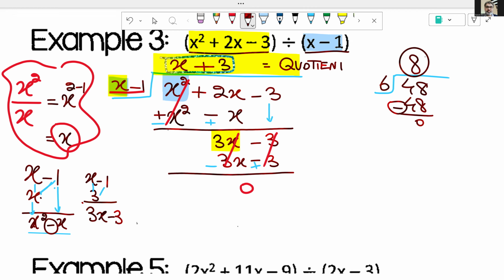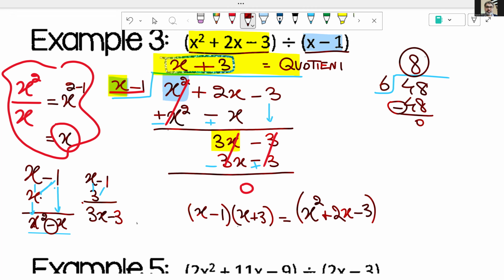It also means this fact that if I multiply x minus 1 with the quotient x plus 3, that is also definitely equal to x squared plus 2x minus 3.